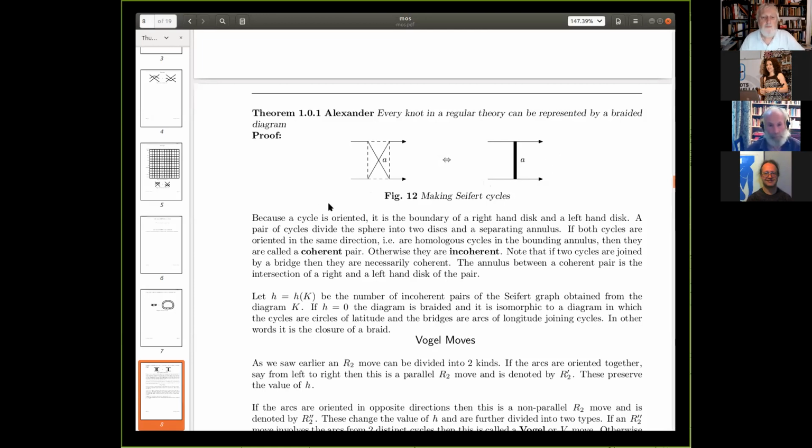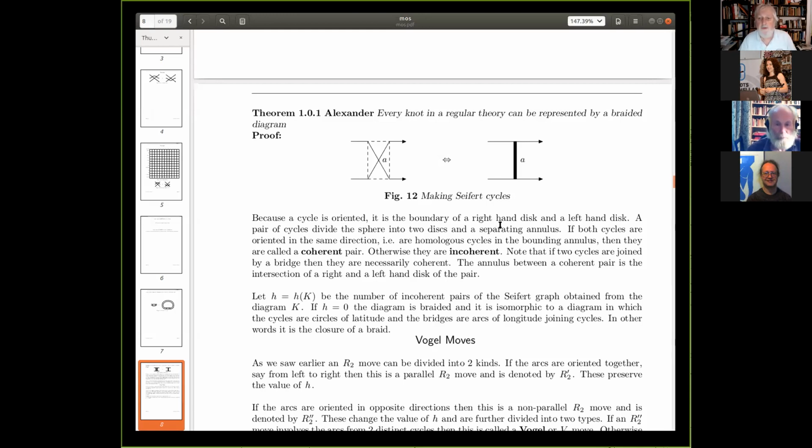Then we can consider what's going on. Because a cycle is oriented, and we're on a two-sphere, by the way, it's the boundary of a right-hand disk, if you like, where you go round the cycle and your right hand points towards a right-hand disk and your left hand points towards a left-hand disk.